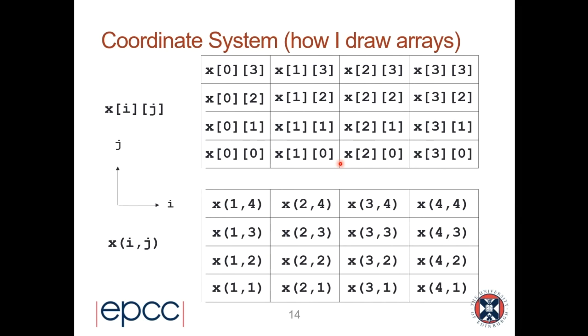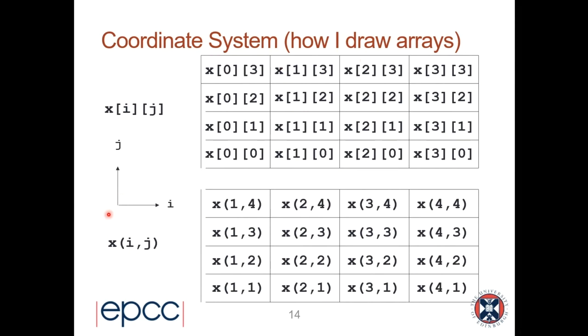Most of my 2D arrays aren't matrices. When I have a 2D array, it's mostly an area of land in a weather forecasting code. The natural mechanism is XY. In most codes, 2D arrays are XY arrays representing a physical decomposition, and people draw X going along and Y going up. So I think I should go along and J should go up. If you like drawing them the other way, you'll just have to transpose it in your head. It's not a big deal.